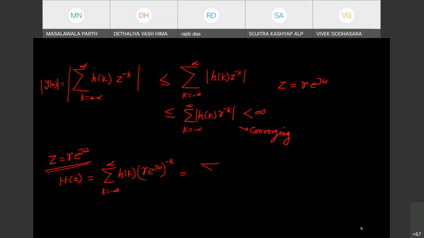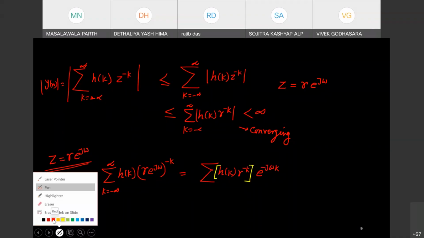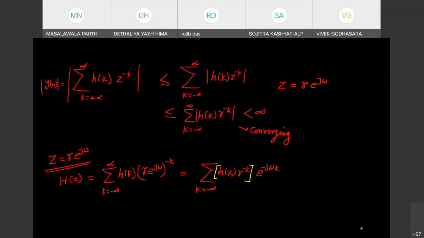Can I rewrite this as h of k times r to the power minus k, and e to the power minus j omega k? Can I consider the first part together? The limit is again k equals minus infinity to infinity. Am I correct?